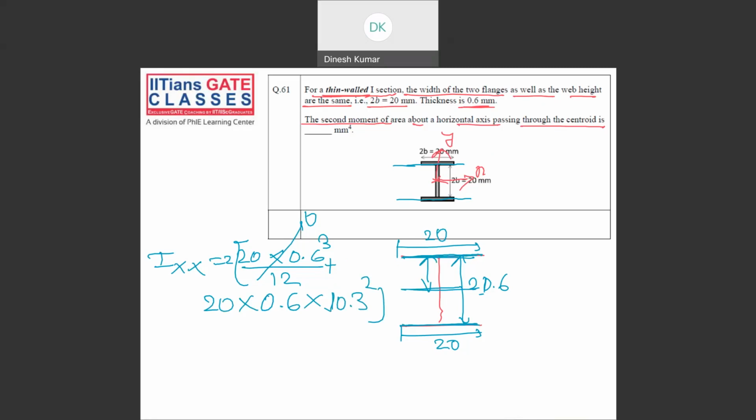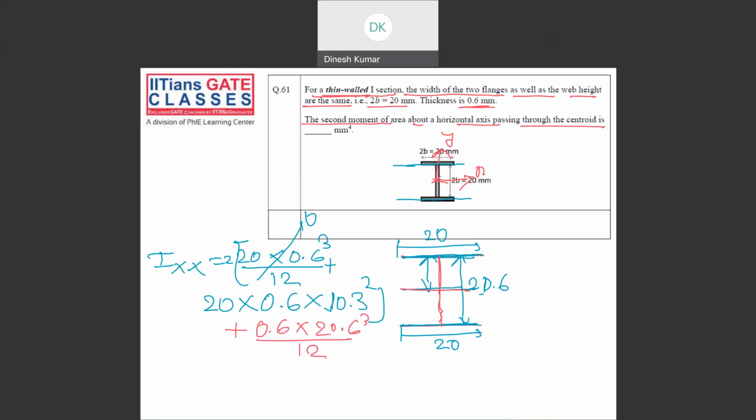Now for the vertical web, what is the inertia of the web about the centroidal axis? It is plus the thickness 0.6 into 20.6 cube by 12.